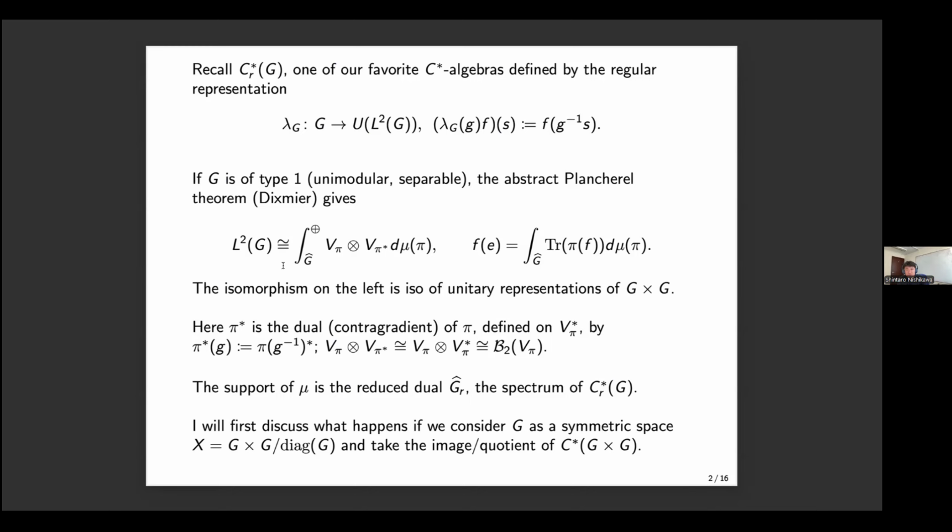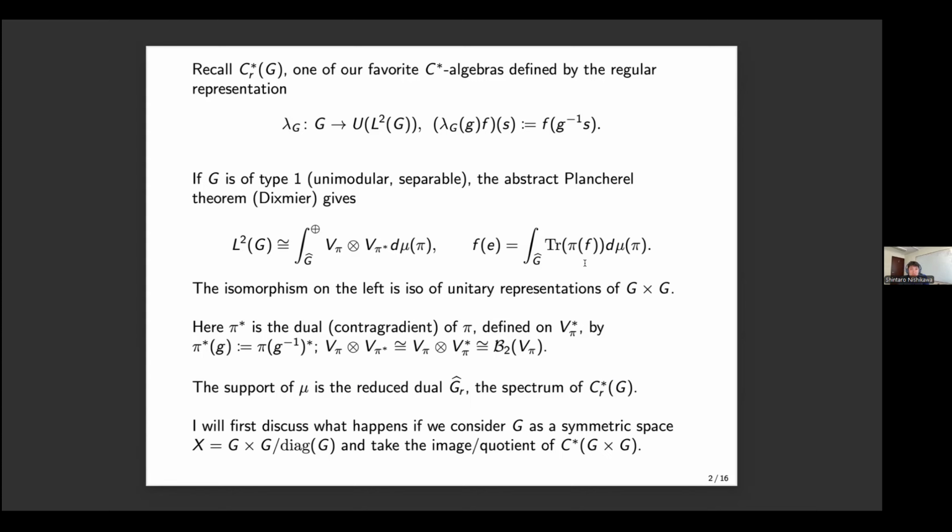This is an isomorphism of Hilbert spaces, and you can make it unique with the requirement that f of e is equal to the integral of the trace. This is the abstract Plancherel theorem by Dixmier.